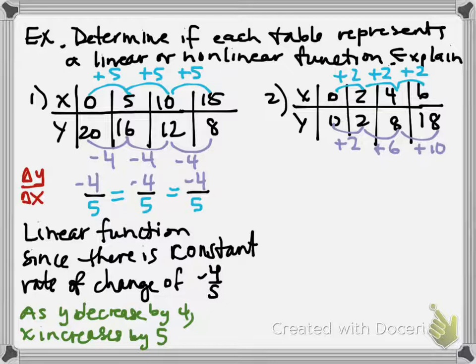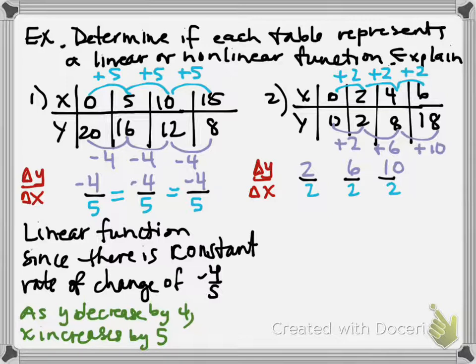So what we want to do is compare this one, the difference in the y's over the difference in the x's. And we're going to create 3 ratios or rates, and then we'll check them out. In the numerator, there was a 2, a 6, and a 10. In my denominator, there was a 2, a 2, and a 2.